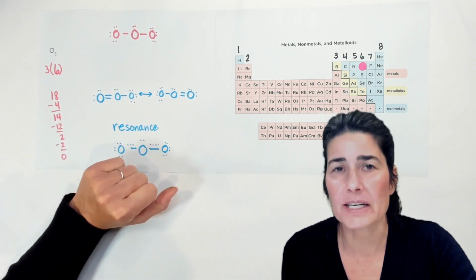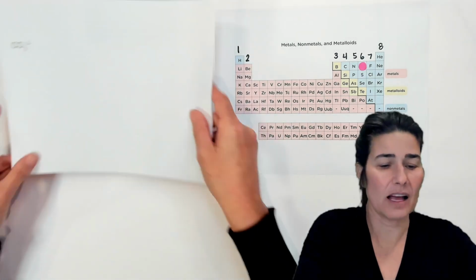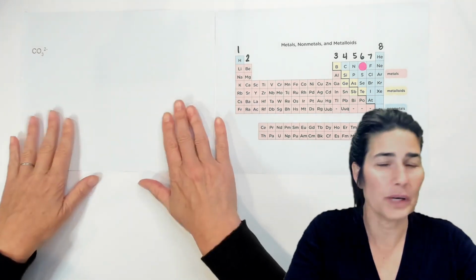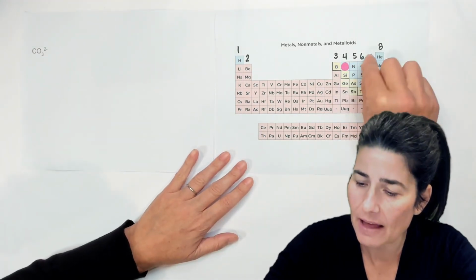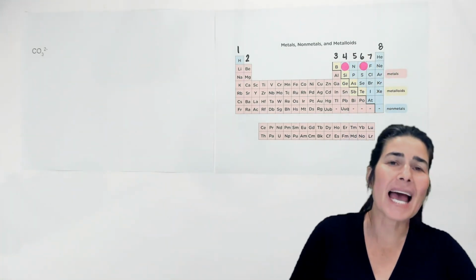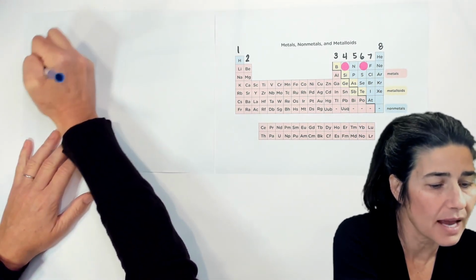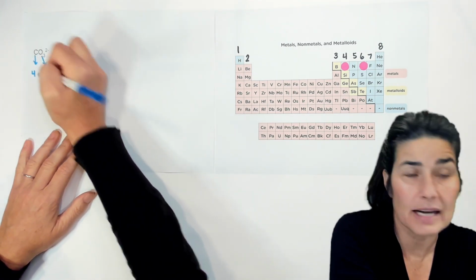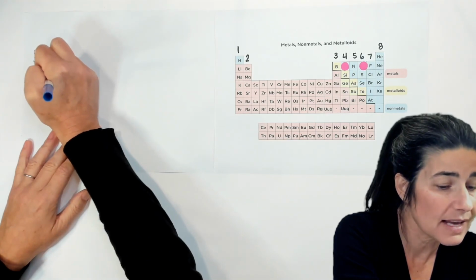Let's do another example. What if I gave you the carbonate ion, CO3 with a 2 minus? We have a carbon and we have an oxygen. Step 1 says tally up those valence electrons. Carbon has 4 valence electrons plus each oxygen atom, and I have 3, has 6 valence electrons.